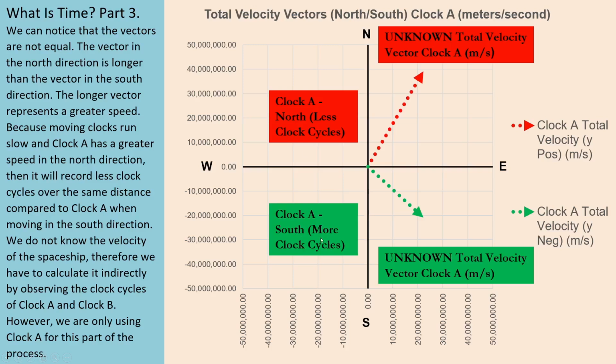It produced more clock cycles. And since moving clocks run slow, clock A, when moving in the north direction, was moving at a greater velocity. That's the only thing we know. We know that this vector is longer than this vector, greater velocity, less velocity, because of the clock cycles that were produced by the clock while we perform the tests.